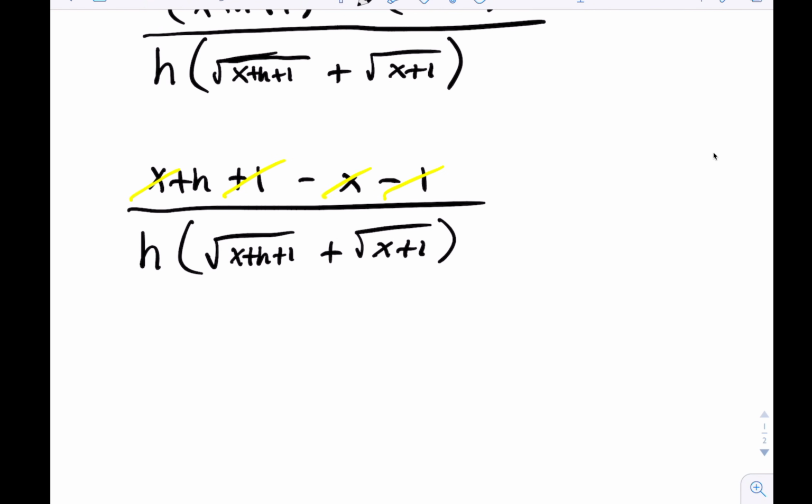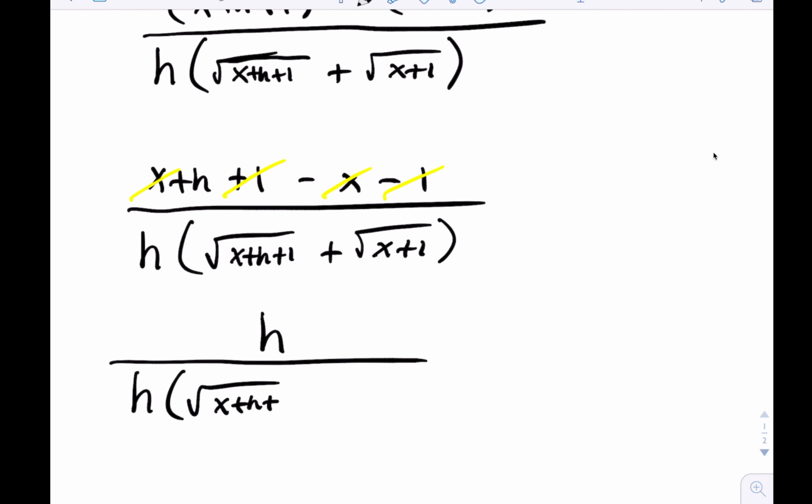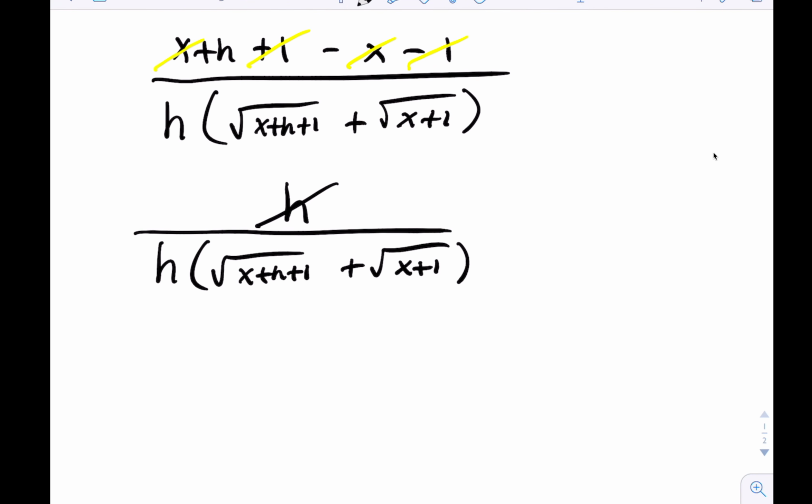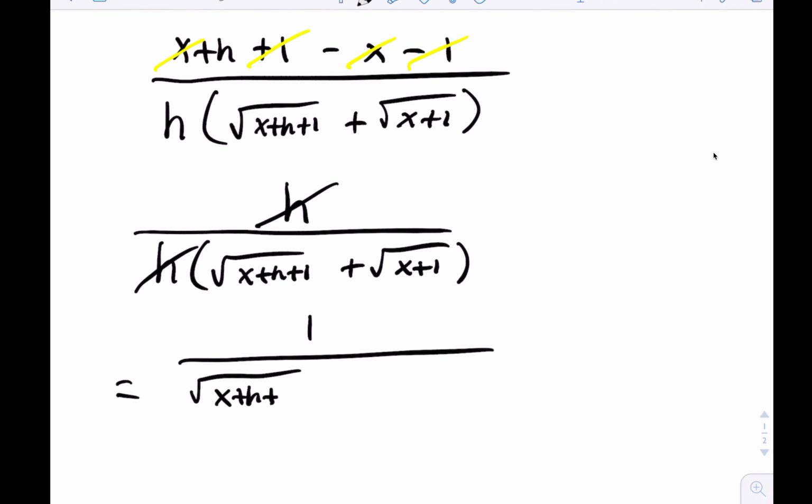So now I have h divided by h times the square root of x plus h plus 1 plus square root of x plus 1. And again, I'm going to eliminate my h terms here. So my final answer is going to be 1 divided by the square root of x plus h plus 1 plus the square root of x plus 1.